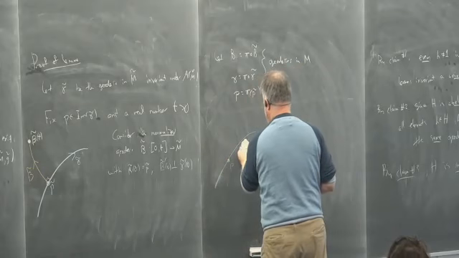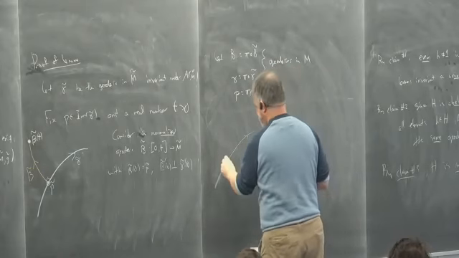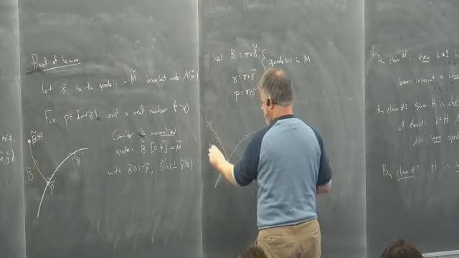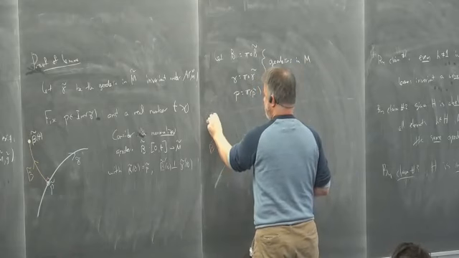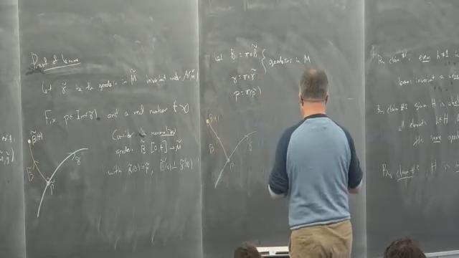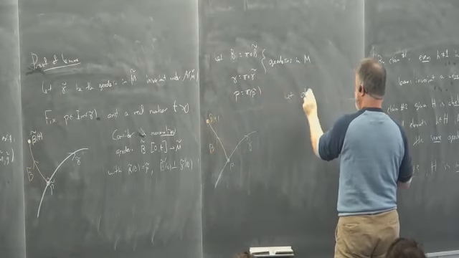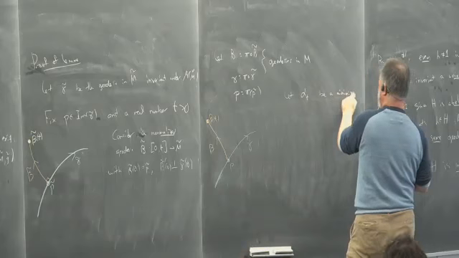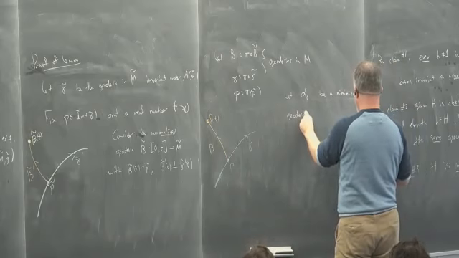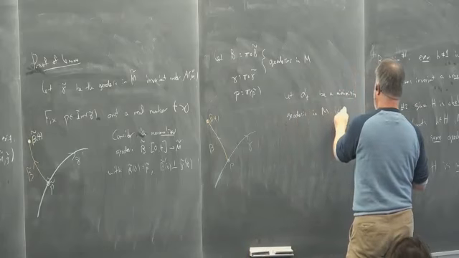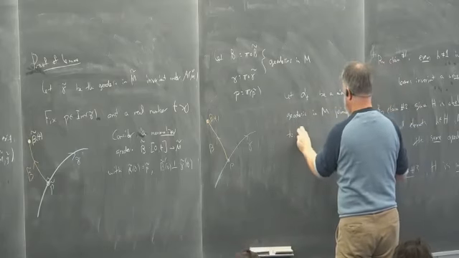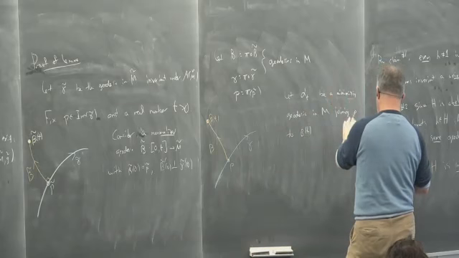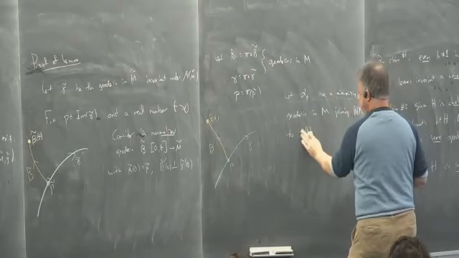Now I'm drawing the picture in M. So this is beta of T. Let alpha_T be a minimizing geodesic in M joining P to beta of T. Or the other way, it doesn't matter, joining beta of T to P.